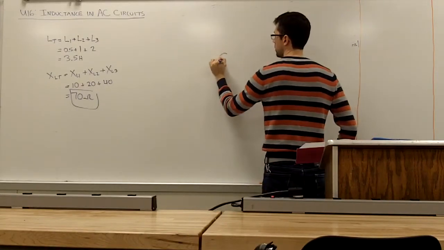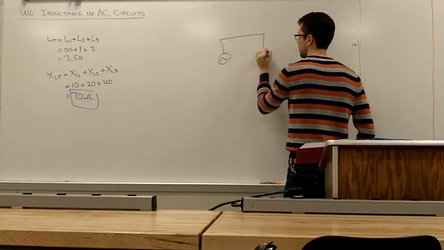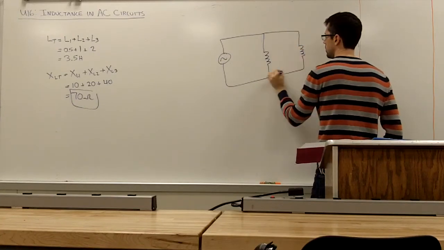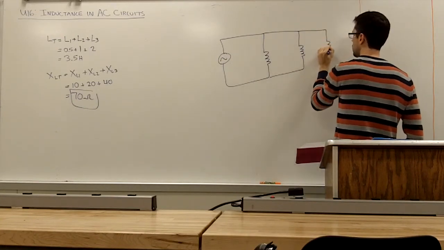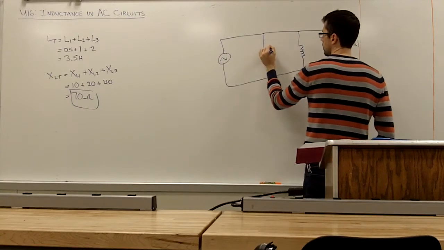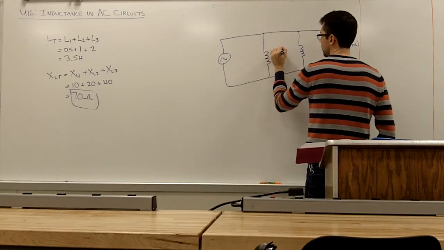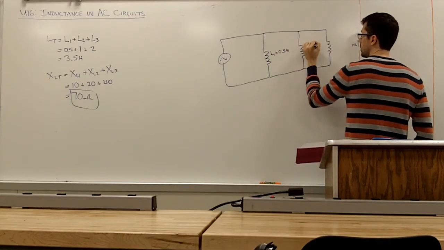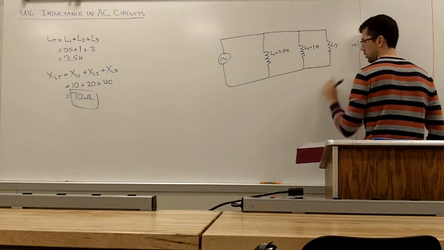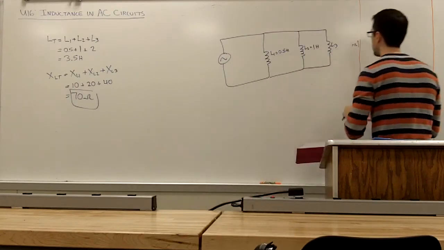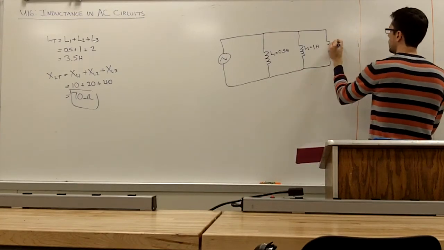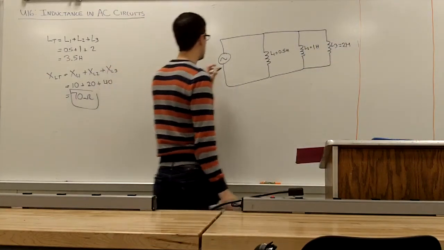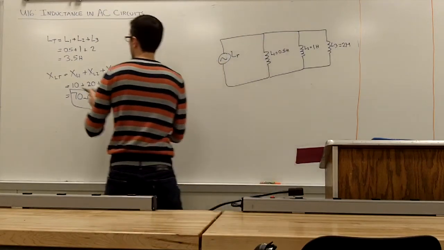So if I have three inductors in parallel like this, L1 is 0.5 henries, L2 is 1 henry, and L3 is 2 henries, like this. We want to know what is the total inductance of the circuit.